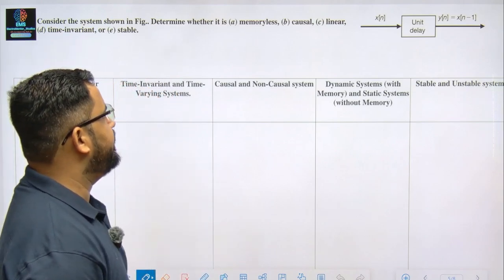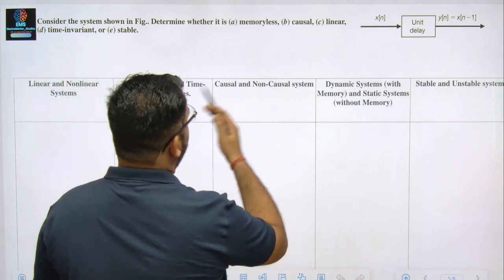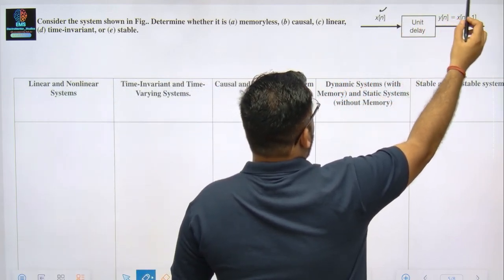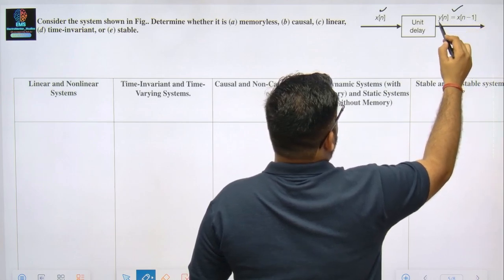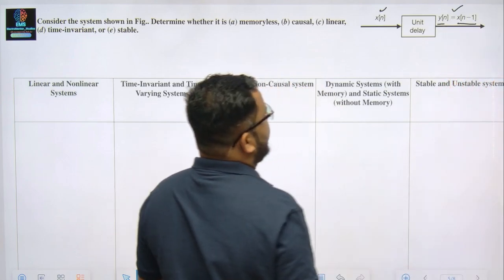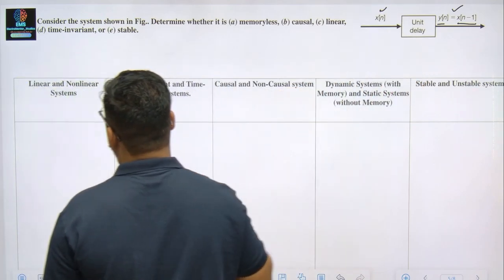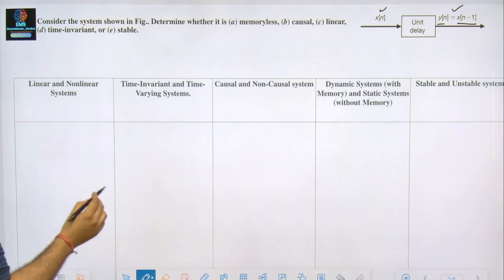Let's take another system. In this system, again, I have to check everything. This is a discrete system where x[n] is the input and the output is nothing but x[n] shifted by 1 unit. So it is a unit delay system. Let's check with the input.